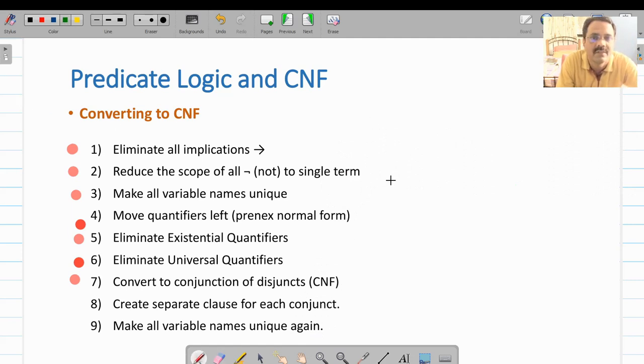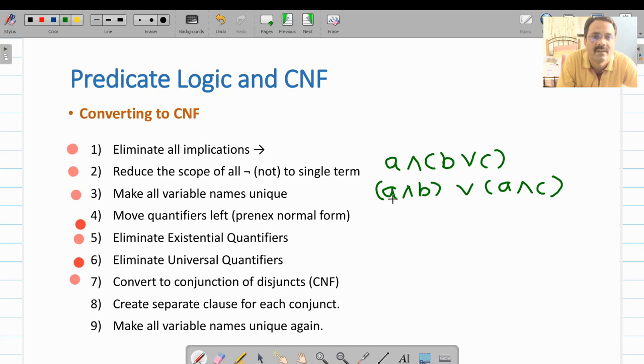We know that suppose I have A and (B or C). This is equivalent to (A and B) or (A and C). This is one result. Or you may have A or (B and C).